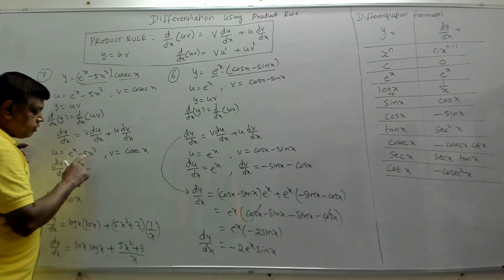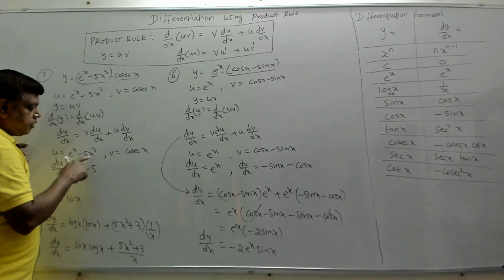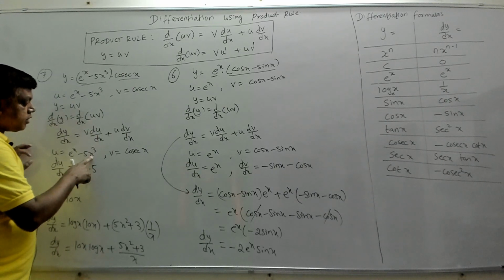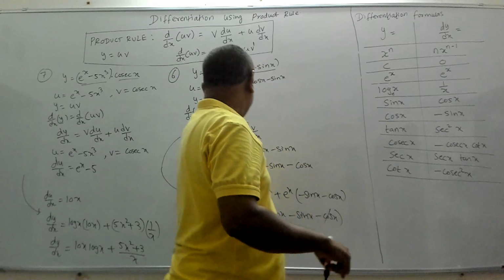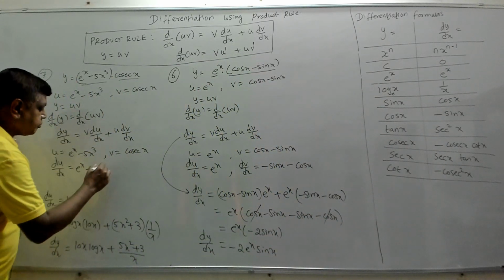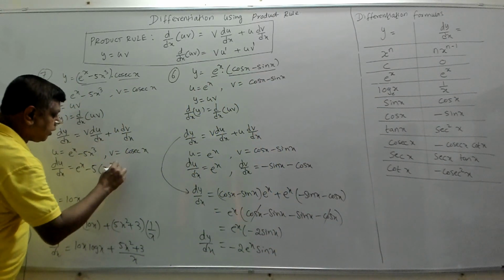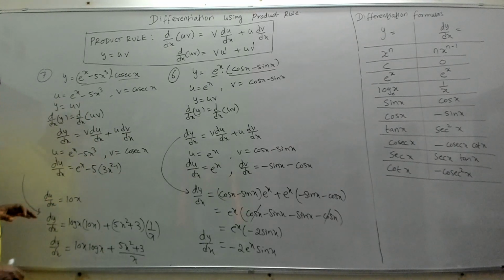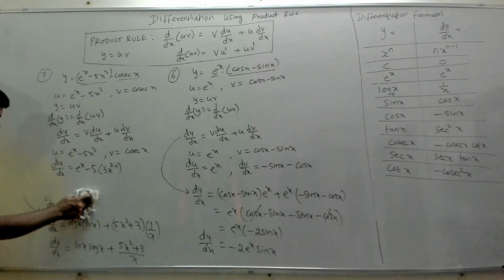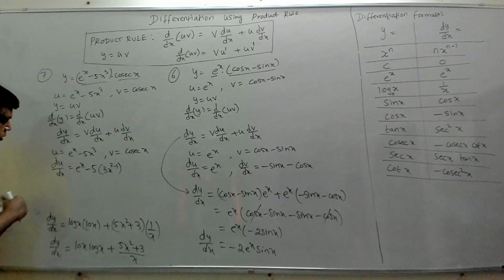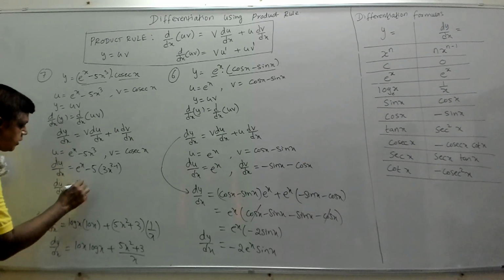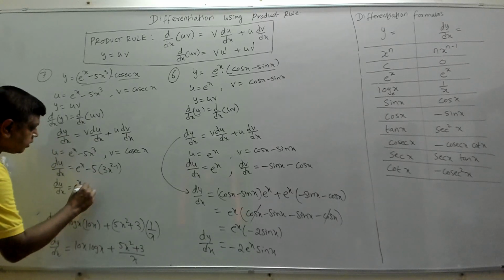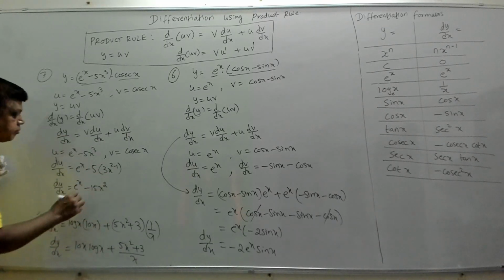So you should retain this 5 as it is. Then differentiate x cube. X power n differentiation is n x power n minus 1. So x cube will become 3x power 3 minus 1. Fine. So our du by dx becomes e power x minus 5 into 3 is minus 15x square.